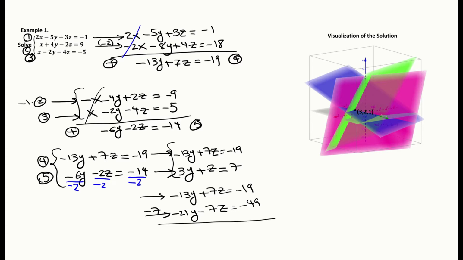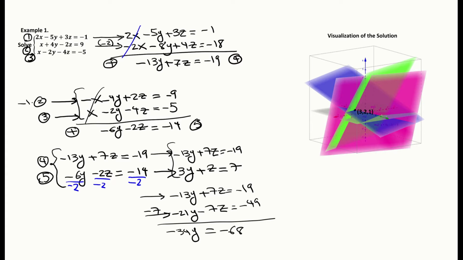Now we're going to add those two equations and we're going to get negative 34y is equal to negative 68.